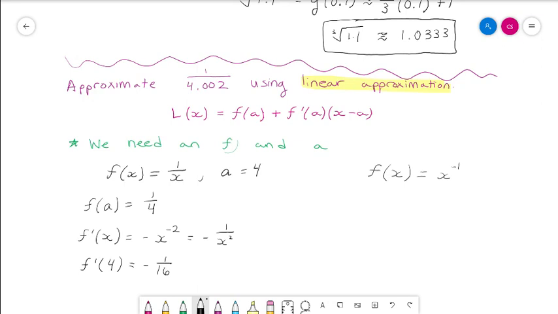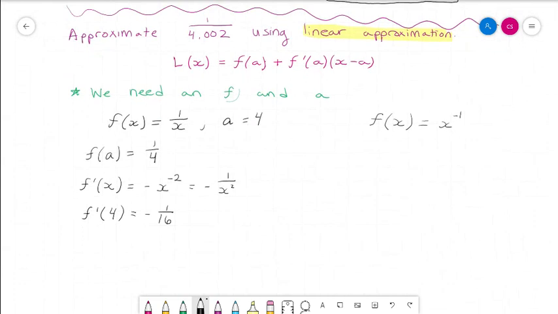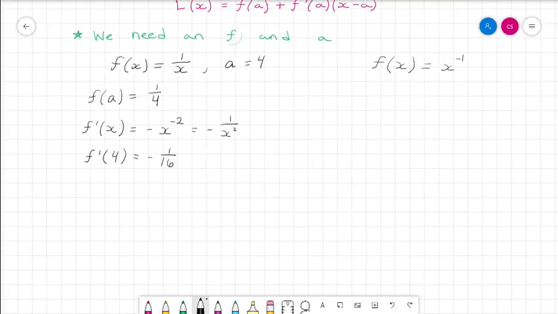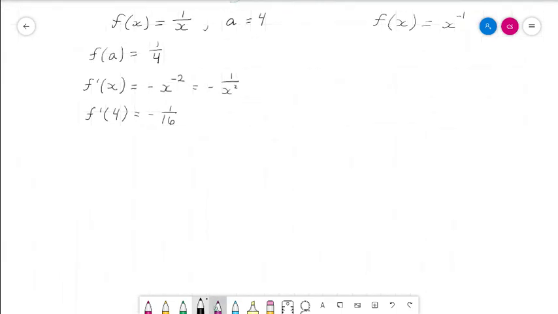Okay, so let's start plugging in our linear approximation. And again, that linear approximation is just the tangent line at 4. So L of x is equal to f of a plus the slope, which is negative, times x minus 4.